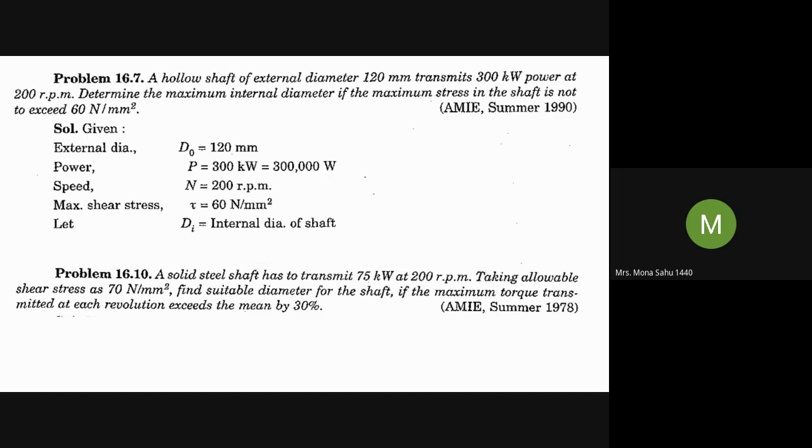Okay, so write it as T max is equal to, it exceeds by 30%. So it's not 0.03. It doesn't say that the maximum torque is 30% of the mean. It says it exceeds mean. So 1.3 multiplied by T.